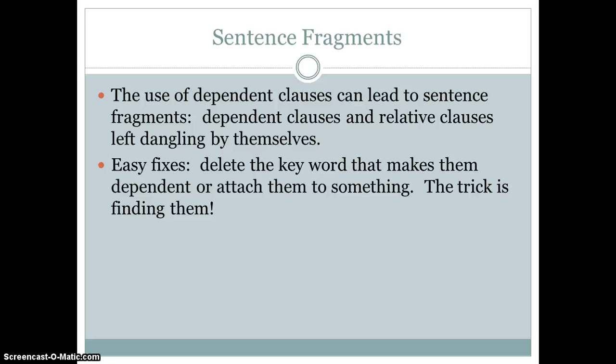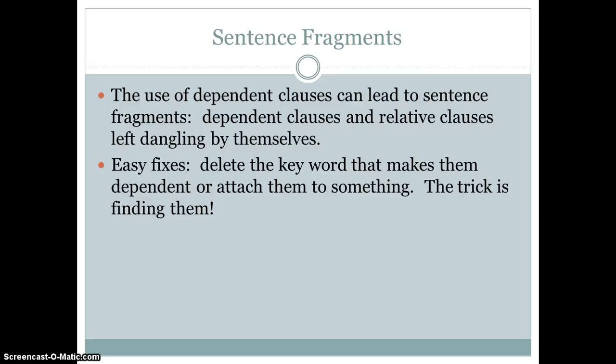All right, so sentence fragments become a problem when you are using dependent clauses, because sometimes you might start a sentence and then forget and put a period in and continue on your way. So it does happen. I see it quite frequently. Really easy to fix. You just have to catch them. So when you have a dependent clause or a relative clause just dangling by itself, it creates a fragment.